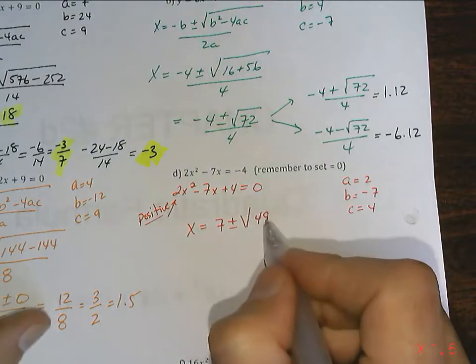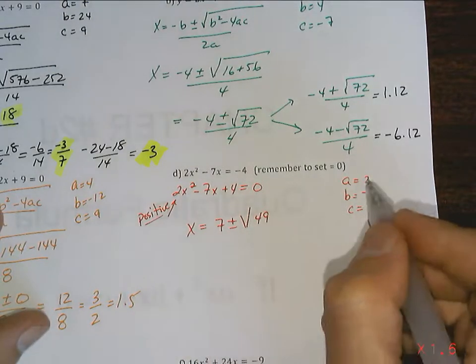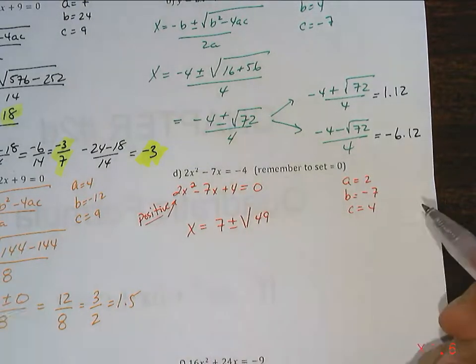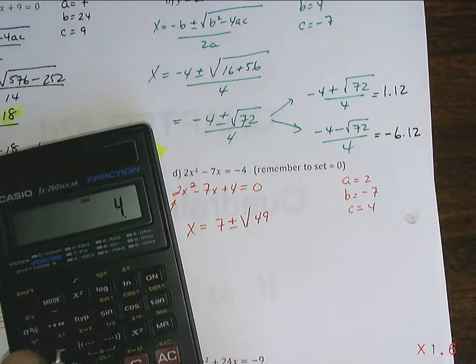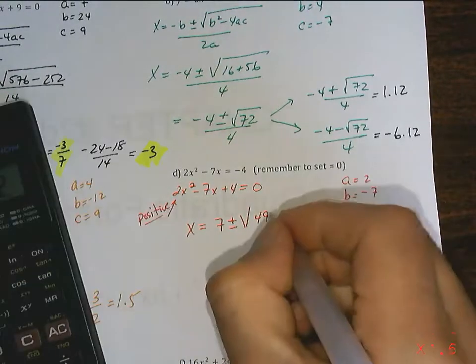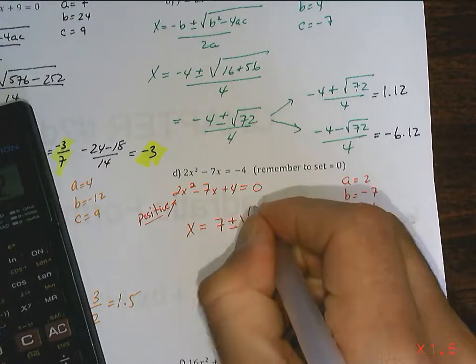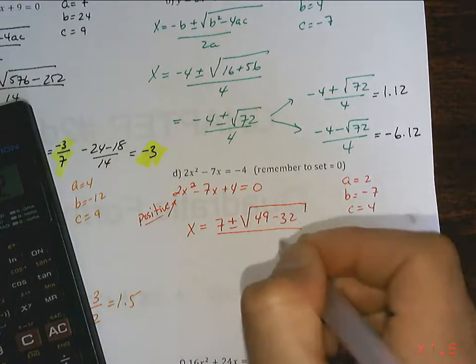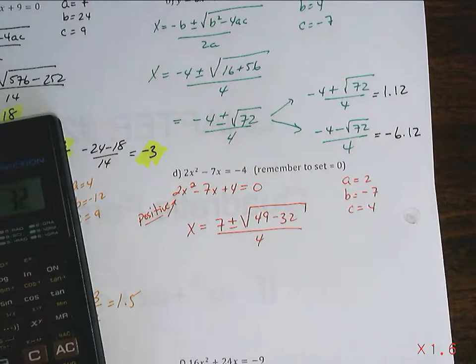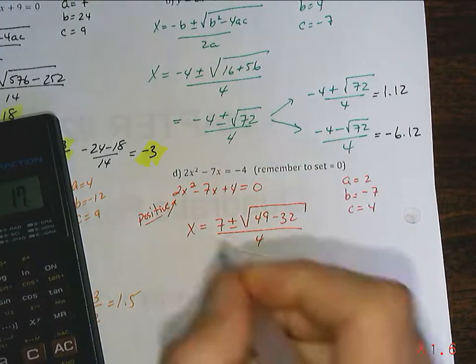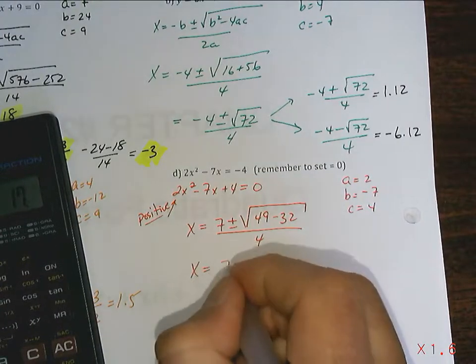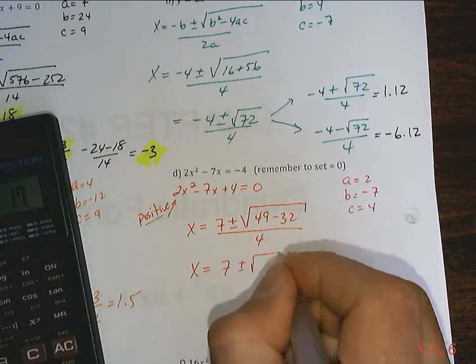Now, it's minus 4 A times C. So that's 2 times 4 is 8 times 4 negative is negative 32. All over top of 2A, which is 4. So 49 minus 32 is 17. Now, this is a great example of what I was talking about.